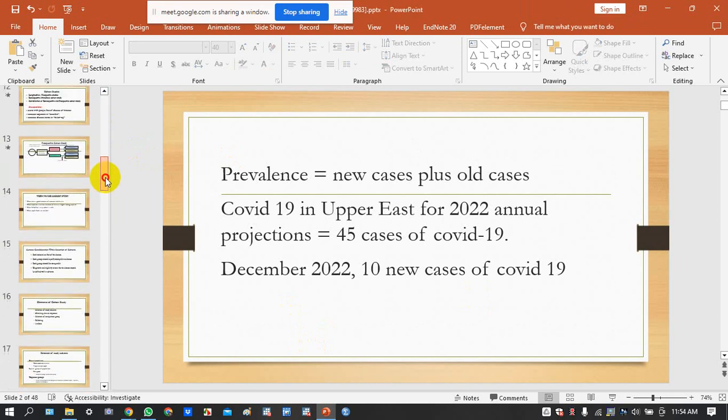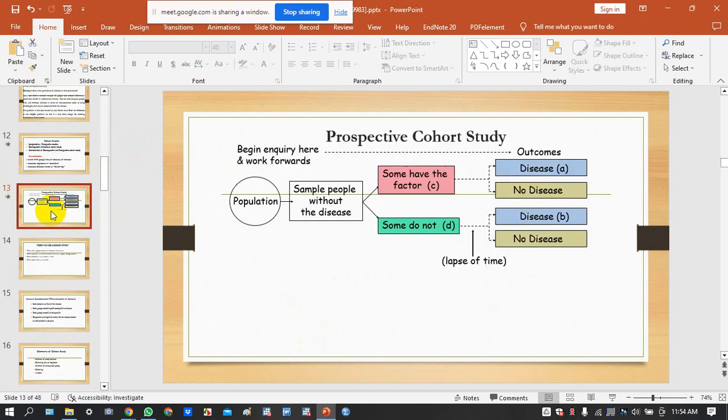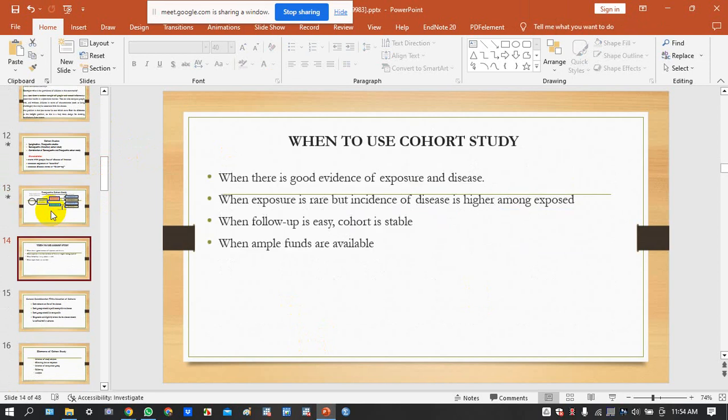We'll finish right now. I just need to walk you through, because you have to get the concept for when you are reading. Okay, so when do we conduct a cohort study? When exposure is rare but incidence of disease is higher.